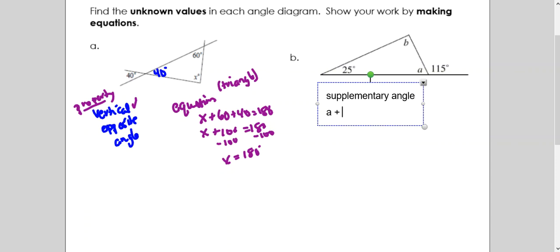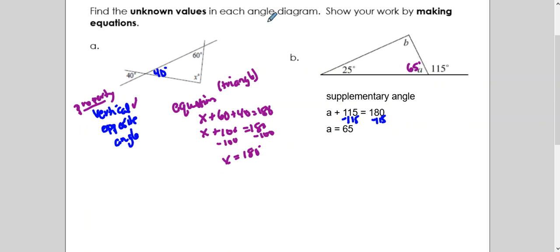So we know that A plus 115 equals 180. Now I know that when I'm solving equations, I can say that A is 65 based on subtracting 115 from both sides. Now I can put that in there.